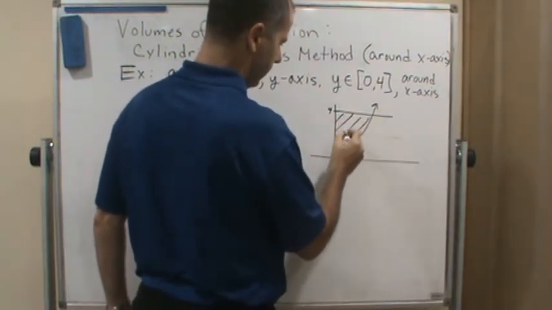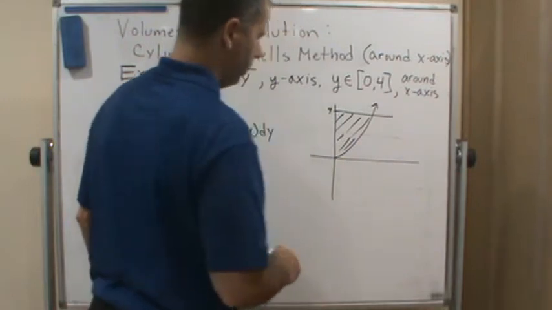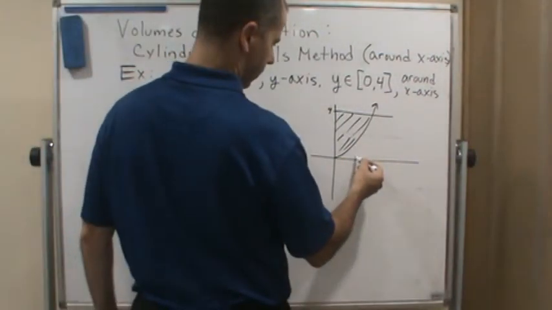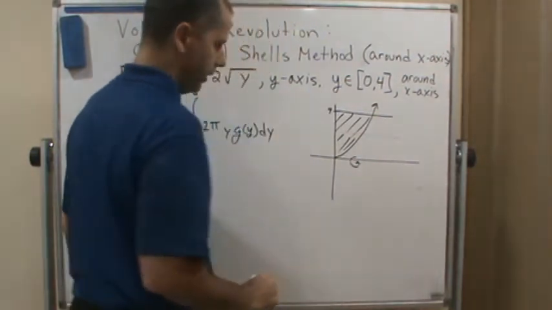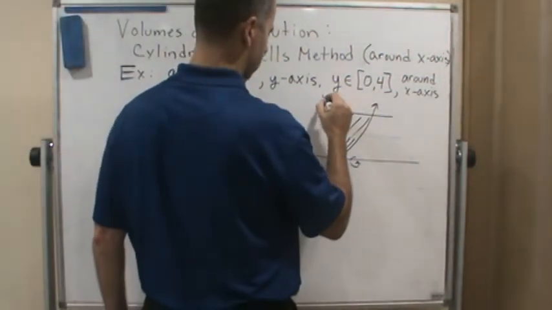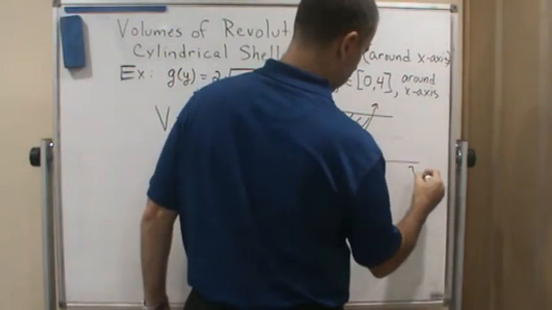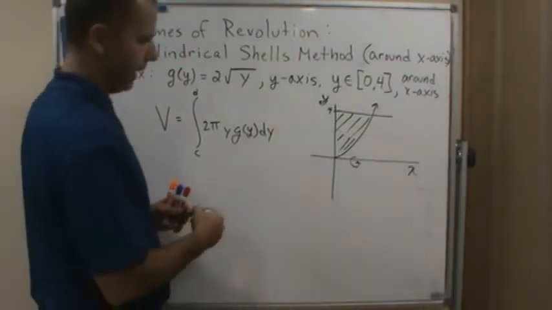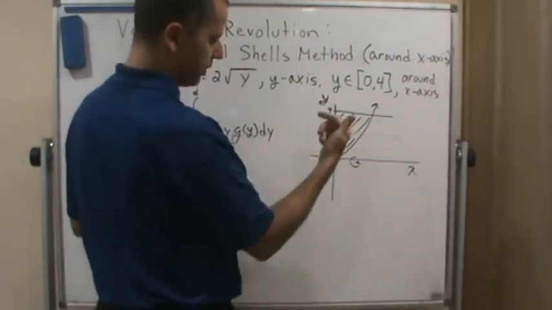So this is the area, and we are rotating this around the x-axis. And so if we rotate around the x-axis, you can kind of visualize what we're doing.